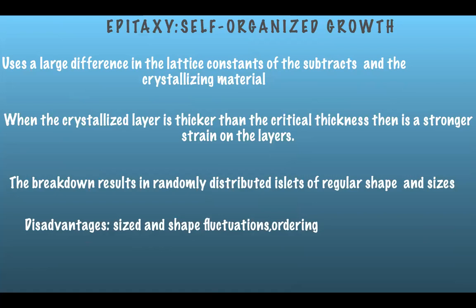The breakdown results in randomly distributed islets of a regular shape and size. Here you can see the disadvantages like shape, size, fluctuations, and ordering. This is about the epitaxy of self-organized growth.